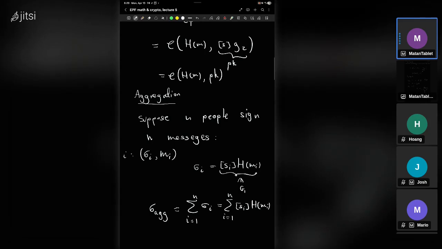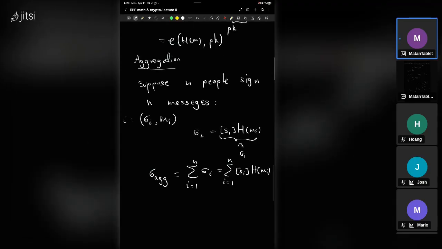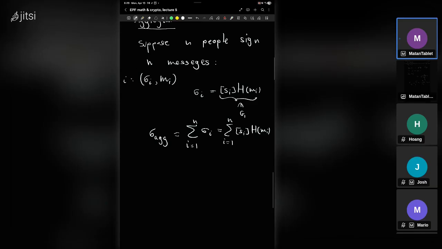And n could be very large, and I want to know whether everyone had a valid signature or not. If somebody failed, everything is failed for me. But can I check it in an aggregated way?